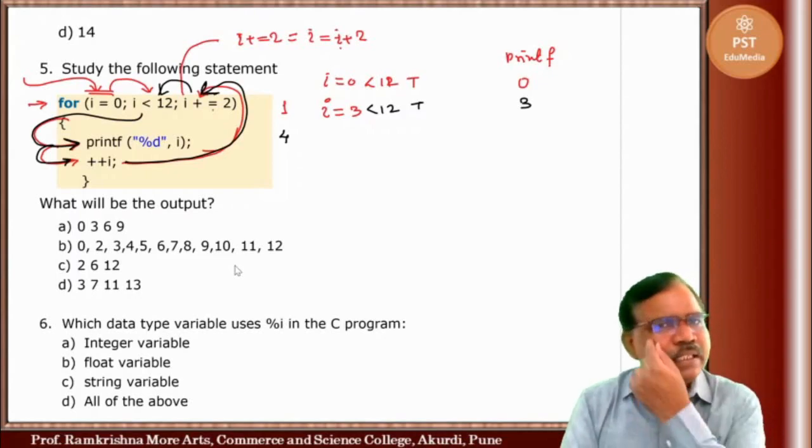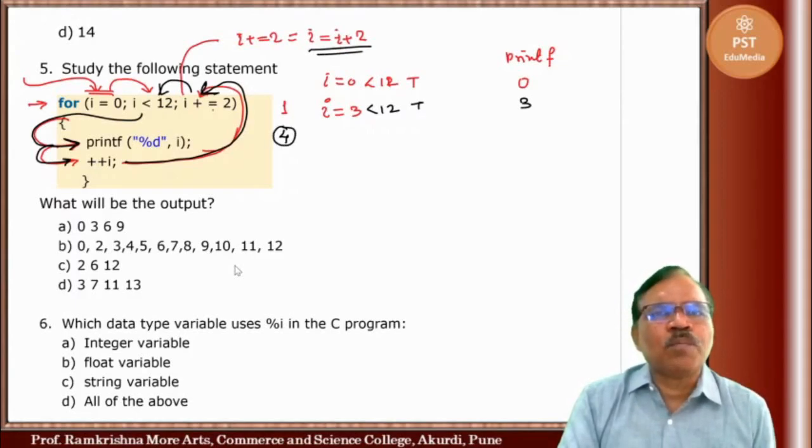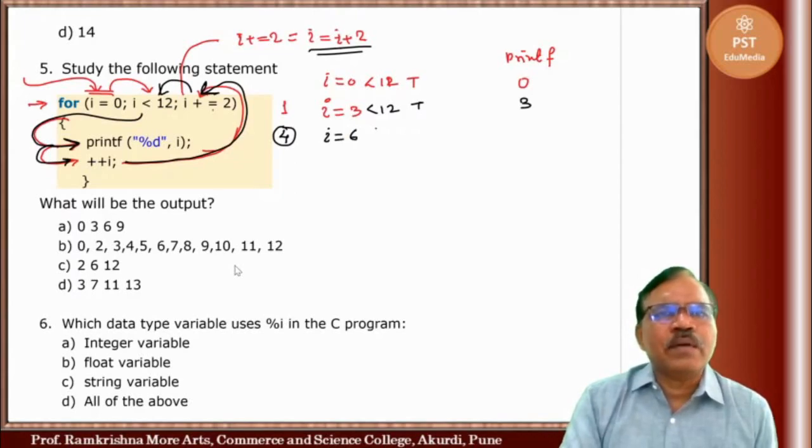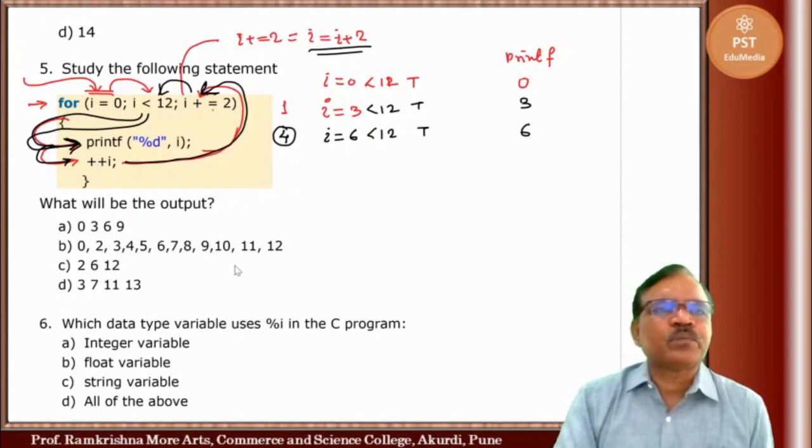Now expression 3 is what? i plus equal to means i equals i plus 2. But the value of i is 4, so 4 plus 2, i becomes 6. Now it is less than 12, so true. It will enter the loop and first print i. So it will print 6.